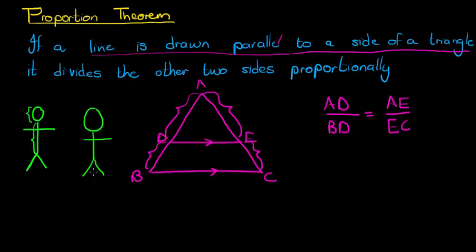Alien, maybe. Okay. So in other words, proportion means that the ratio, the size of the one compared to the size of the other, is the same. Then it's in proportion. And that's why the size of this one compared to that one is equal to the size of this one compared to that one. Does that make sense?